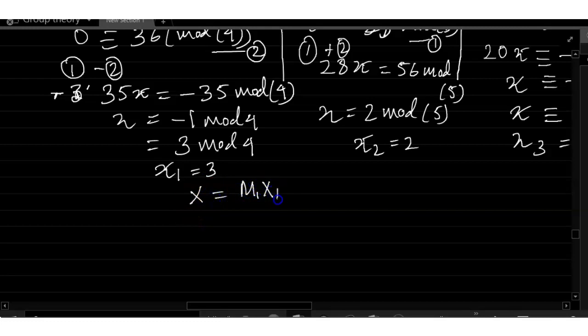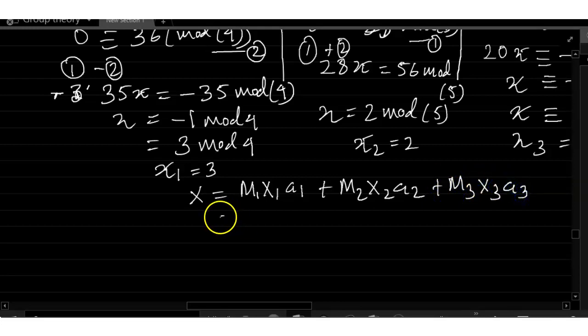Capital X equals M1 x1 a1 plus M2 x2 a2 plus M3 x3 a3, where x1, x2, x3 are small.